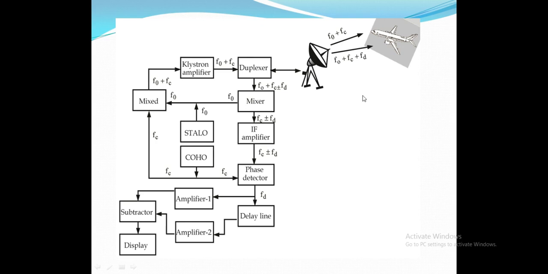The echo pulse means the received pulse, which is received by the receiving antenna. The received echo signal is F naught plus Fc plus or minus Fd.